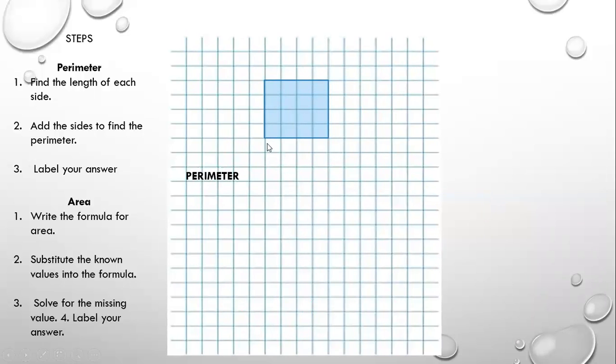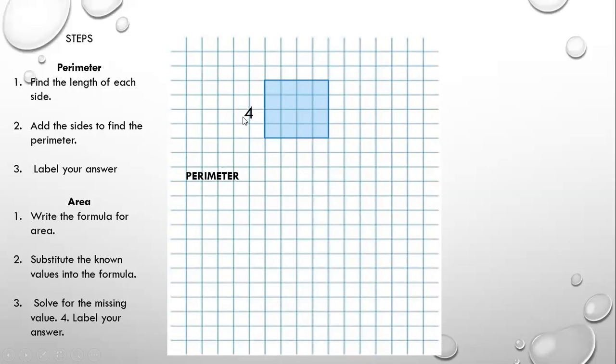Our next rectangle, this is actually a square, but we're going to treat it the same way. So to find the perimeter of this square, we're going to first find the length of each side. And this problem, boys and girls, is actually found in your lesson. This is the first problem for the structured guided practice. So we're going to find the length of each side. 1, 2, 3, 4.